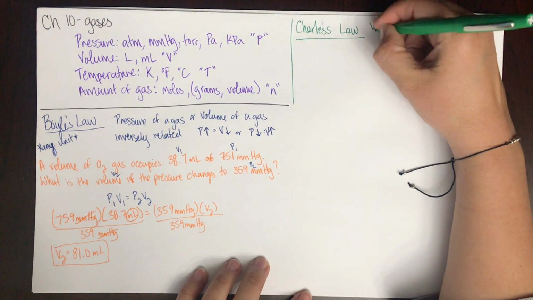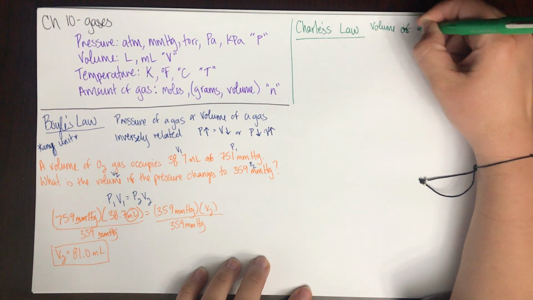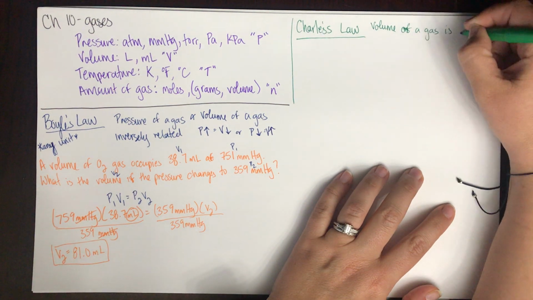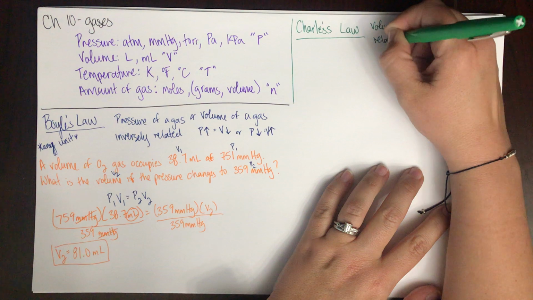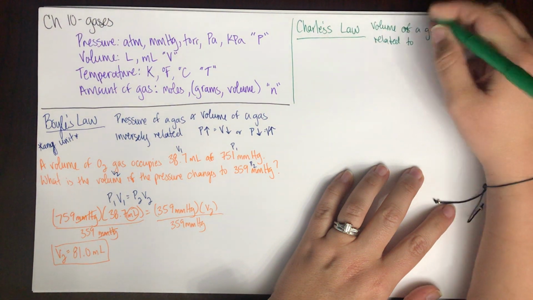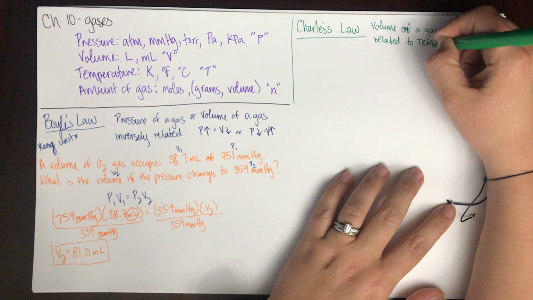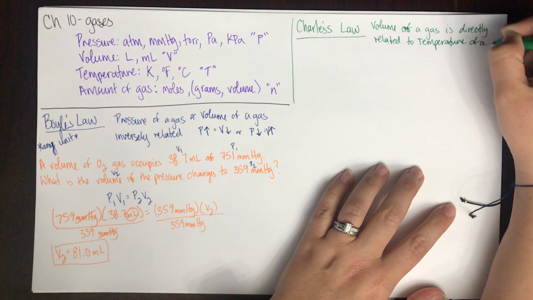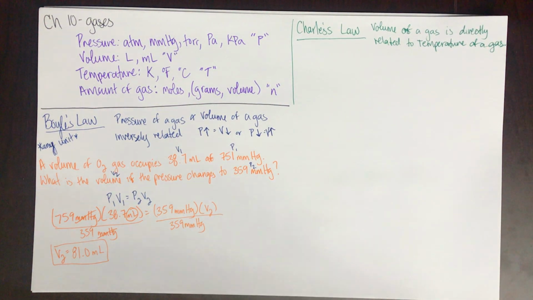So I'm going to say volume of a gas is directly related to temperature of a gas. So volume and temperature are directly related.